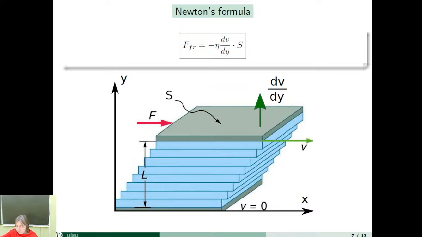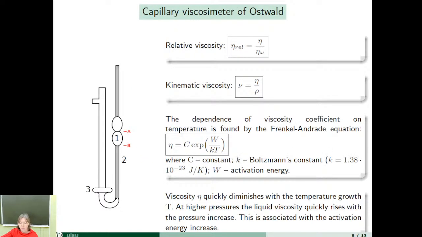Relative viscosity is equal to the ratio of the coefficient of viscosity of the given fluid to the coefficient of viscosity of distilled water at one and the same temperature. Look at here, this is the relative viscosity. The viscosity of distilled water at room temperature is approximately equal to 10 to the minus 3 Pascal second.